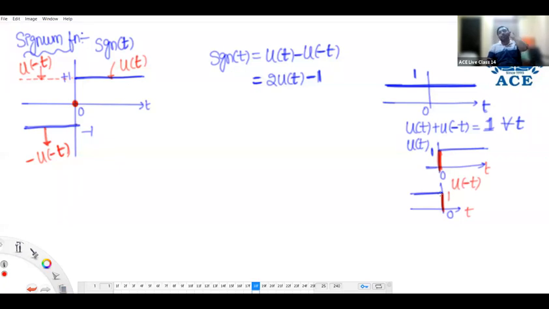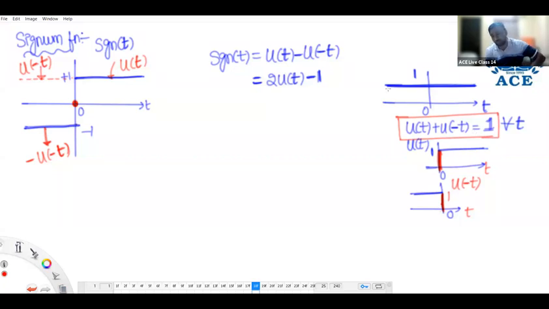In the beginning, what is the u0 number we have taken? 1 by 2. So u0 plus u0, 1 by 2 plus 1 by 2 becomes 1. To satisfy this general expression only, we have taken u0 as 1 by 2, no other reason.